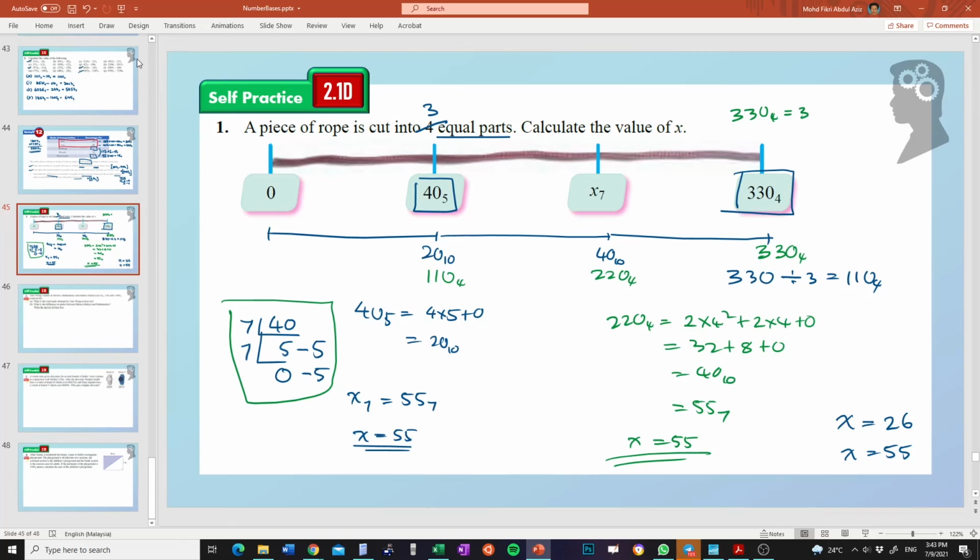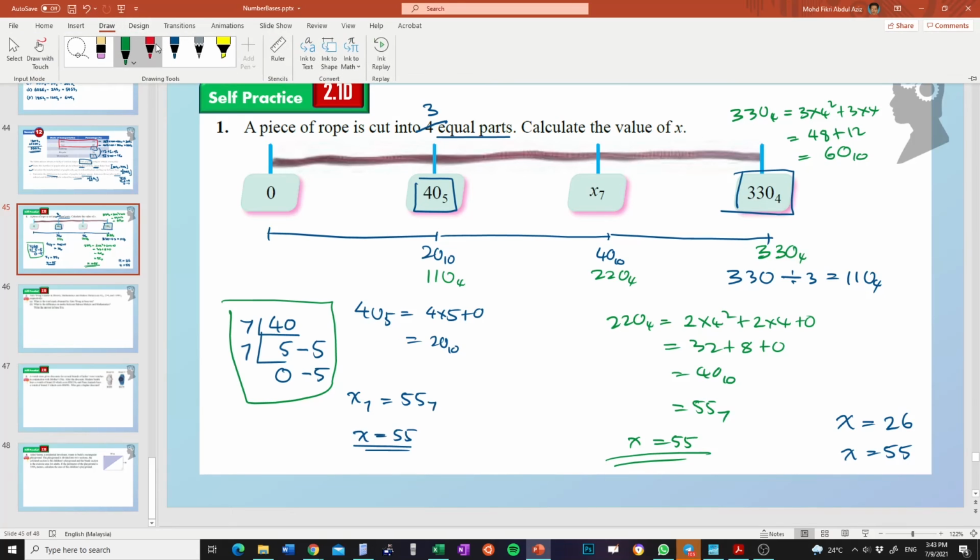Okay, jadi 3 times 4 squared plus 3 times 4. That is 16 times 3. Berapa 16 times 3? 48. 48 plus 12, basically 60 lah. Yes, 60. Okay, so 60.